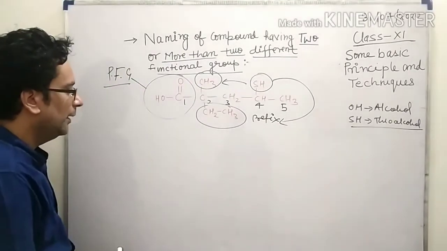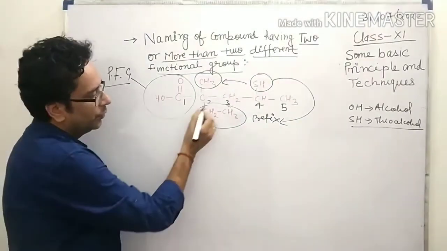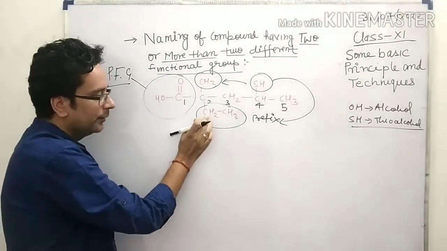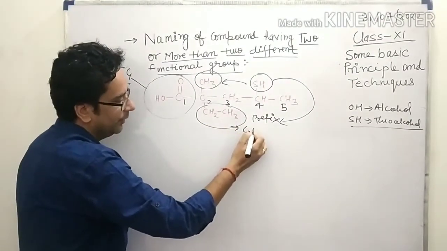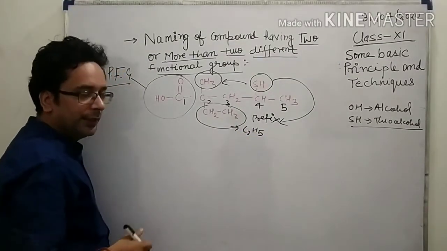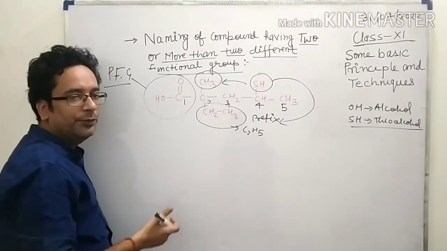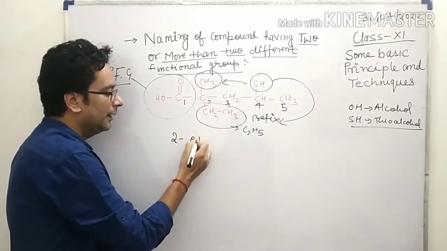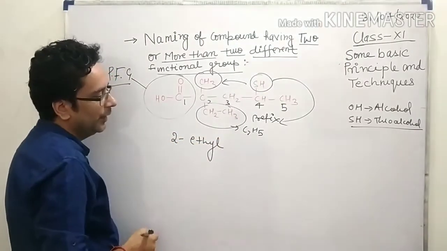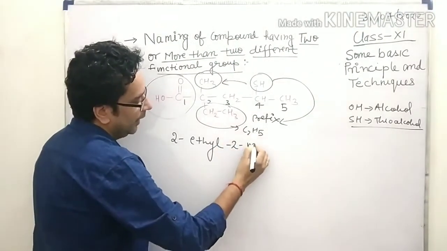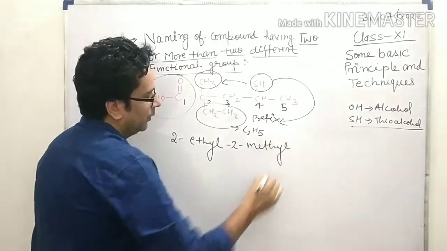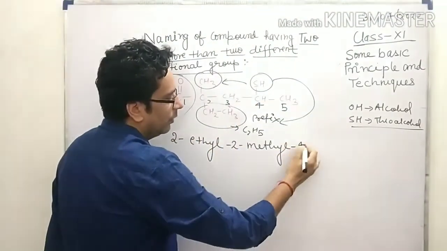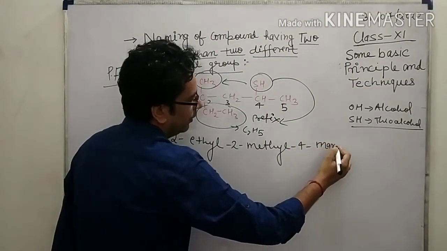Okay, so what is the name of this compound? Look here, 2-methyl and 2-ethyl. So this is the methyl and this is the ethyl. It can also be written as C2H5. Okay, so in alphabetical order, which one comes first? E or M? So E comes first. The name is 2-ethyl, 2-methyl, 4-mercapto.